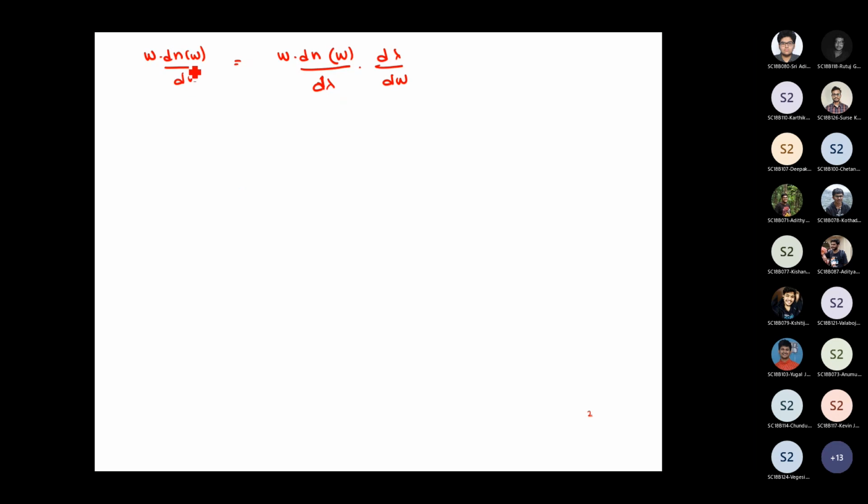I keep the first term as it is and multiply and divide by d lambda.